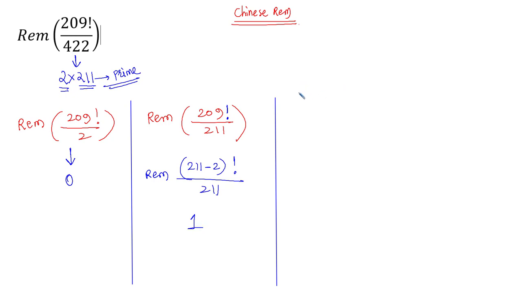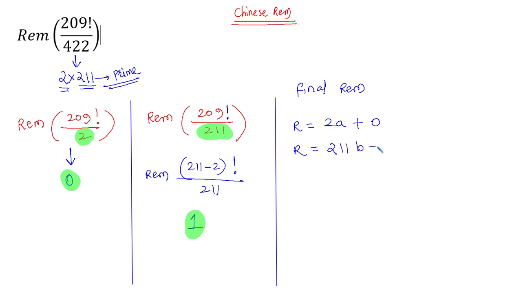Now how to identify the final remainder? The final remainder is going to be a number which, when divided by 2, has remainder 0, and when divided by 211, has remainder 1. So it is a multiple of 2 plus 0, and also a multiple of 211 plus 1.